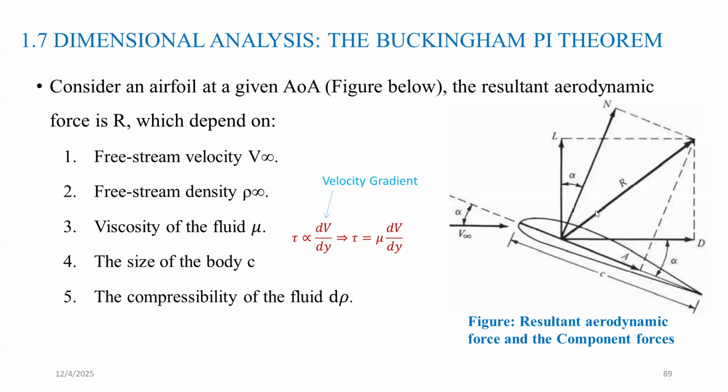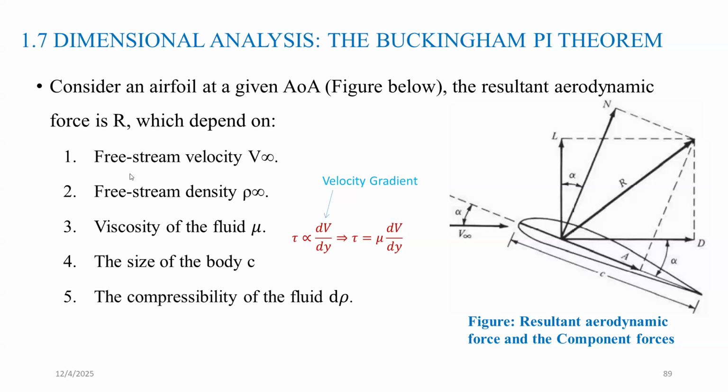All of them are part of the resultant force. You can resolve this resultant into lift and drag, or into normal force and axial force. Our main aim is lift and drag, so let's give emphasis to that.